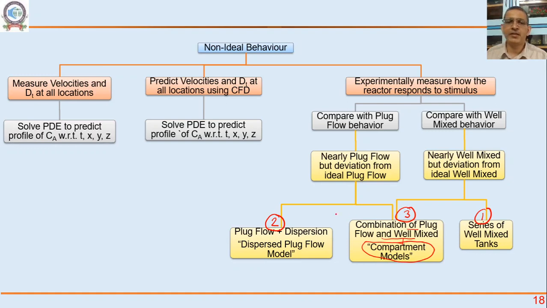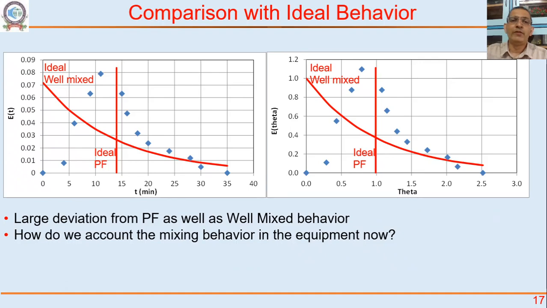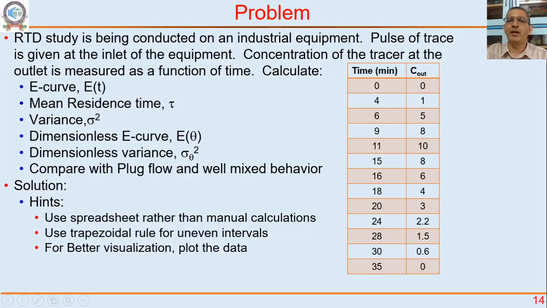Series of well mixed reactors, plug flow with dispersion, or a combination of idealized reactors, compartment models. These three things we are going to do in the next lecture, with respect to this experimental observation on an actual reactor. That's why we are going to come back to this example again and again.